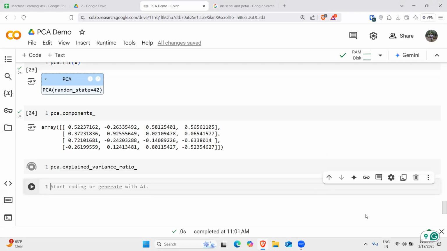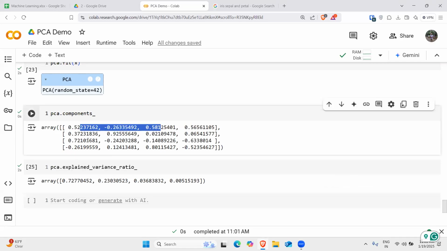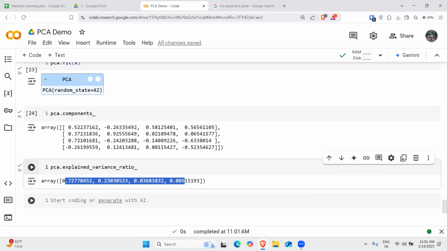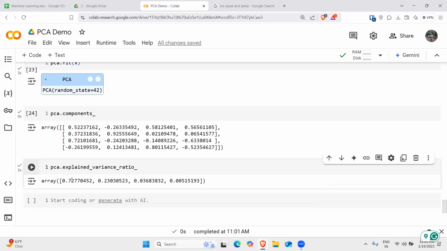So these are the principal components, PCs, right? This is PC1, this is PC2, PC3, PC4. So four principal components are there, right? First principal component itself gives you 72% of the information. Second gives you 23%. Third gives you 3%.